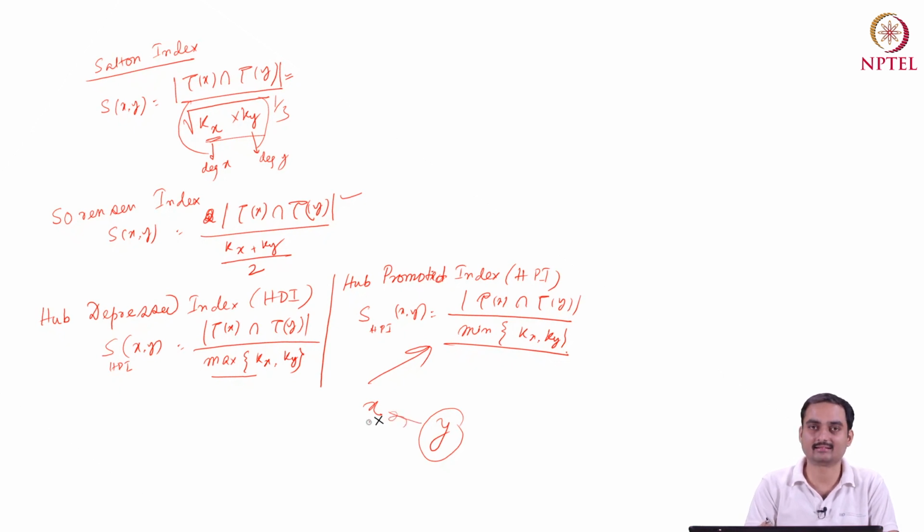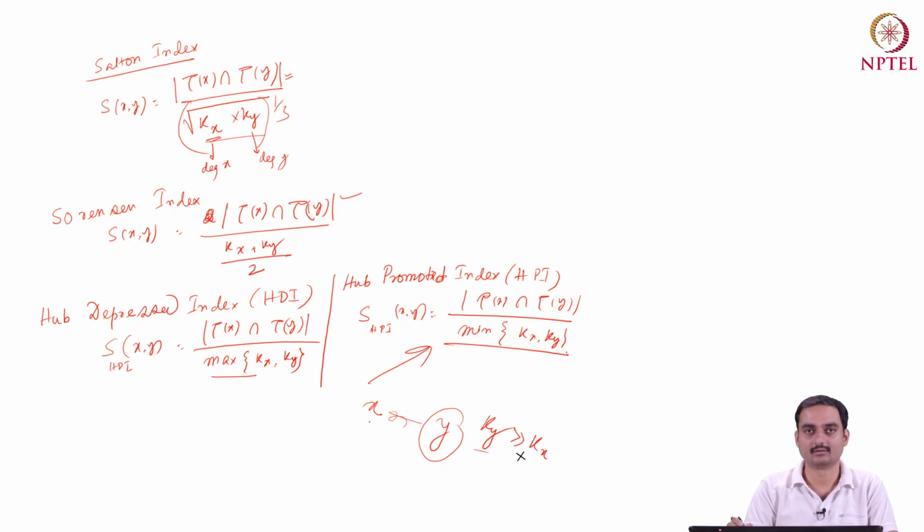If we are measuring the similarity between x and y, and one of them is a hub, then its degree would be huge. Say y is a hub, so k of y would be much greater than k of x.